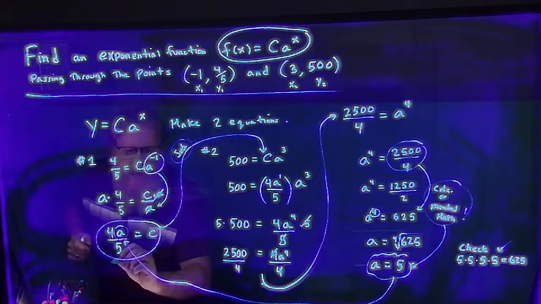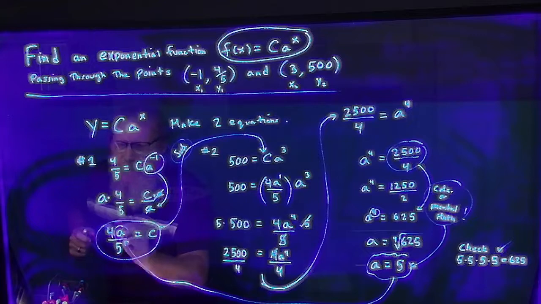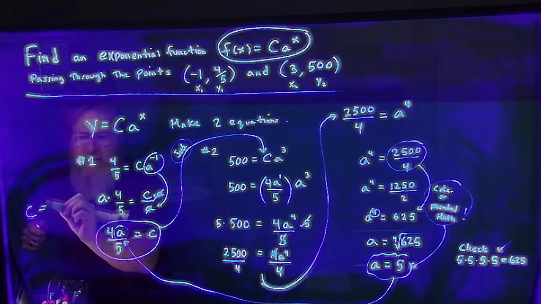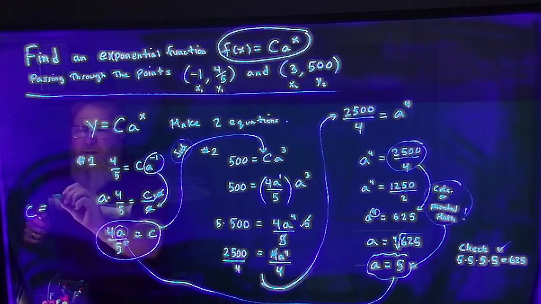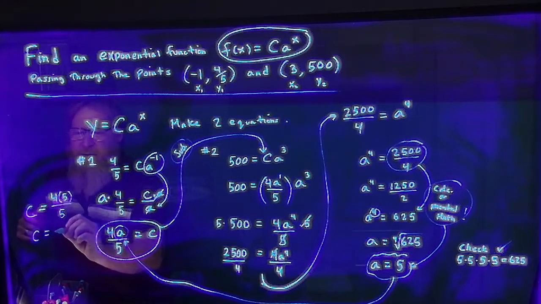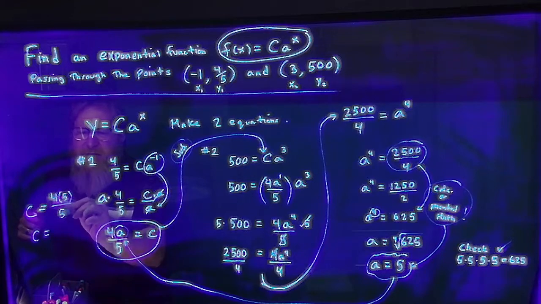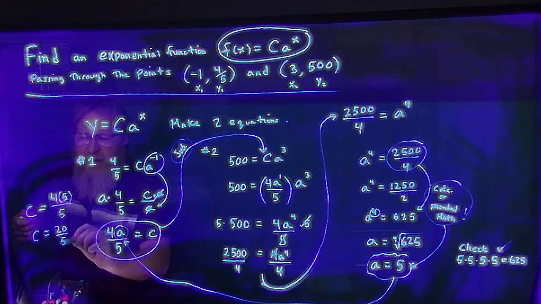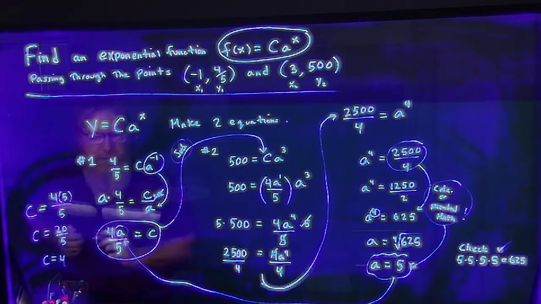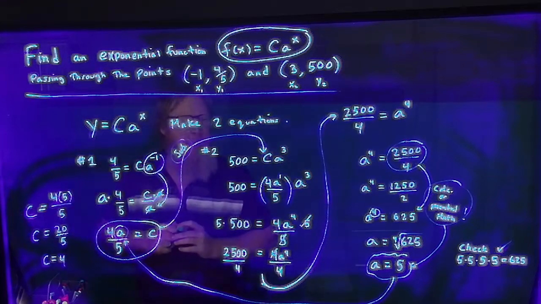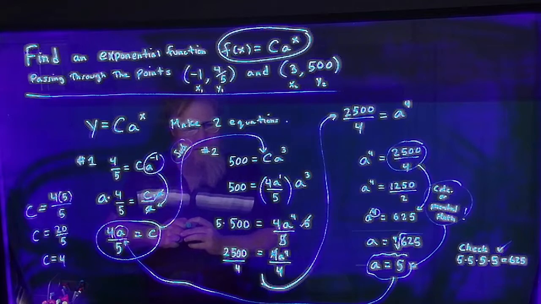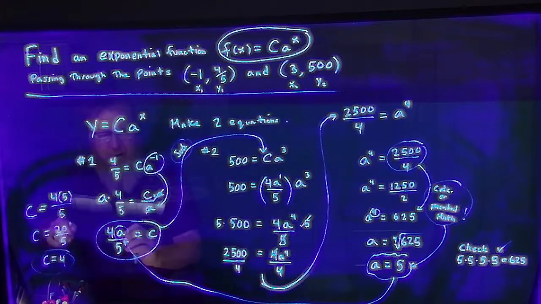So we're going to sub in A here. So C is equal to, I'm going to write it the traditional way, I'm going to put my C on this side, 4 times 5 divided by 5. You could just cancel the 5s and say it's 4. Or you can actually multiply it, 20 divided by 5, and either way you still get 4. All right, so those are your ingredients.